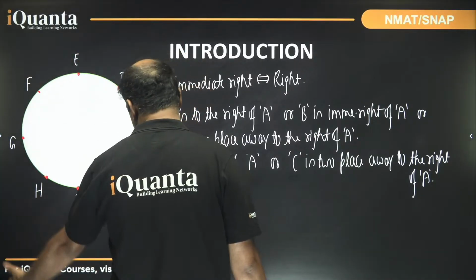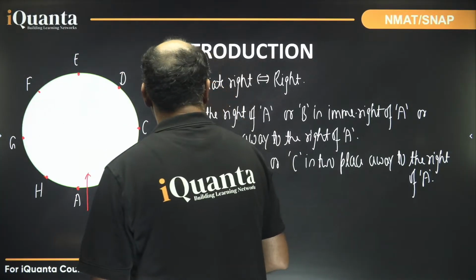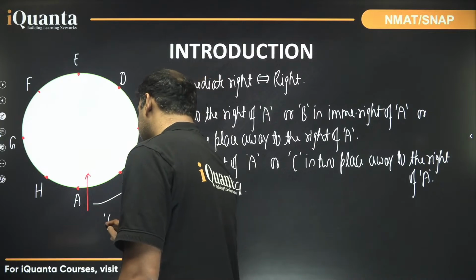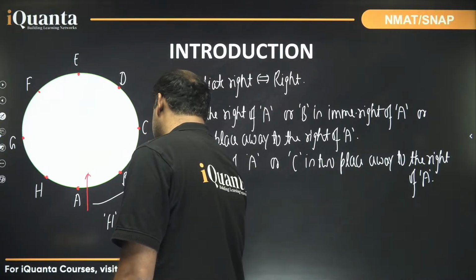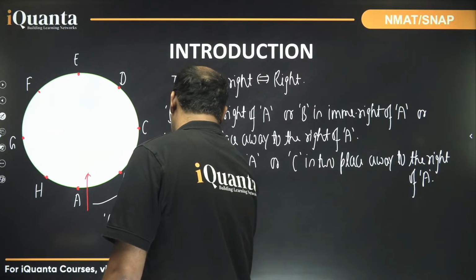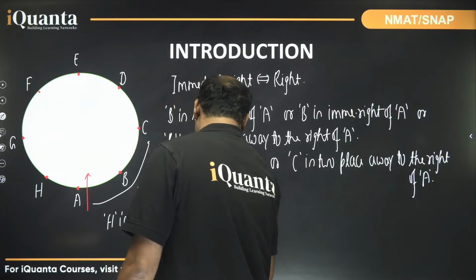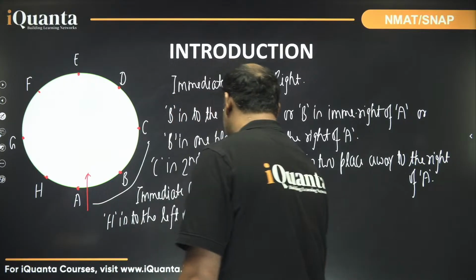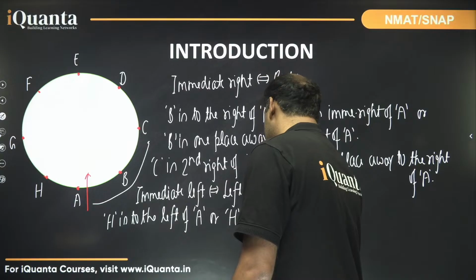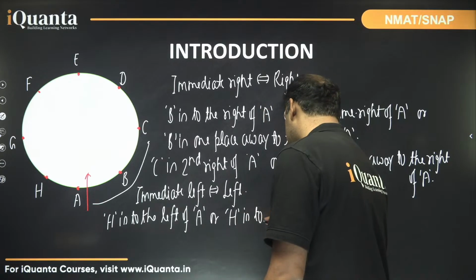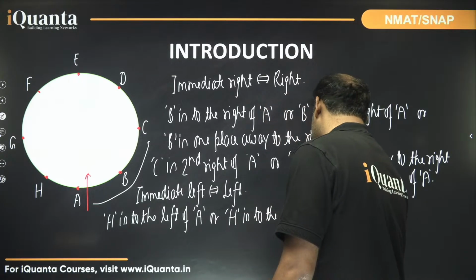To the left of A is H, that's true. So we can say that H is to the left of A, and we can also write that H is to the immediate left of A. Both the information is correct, right?